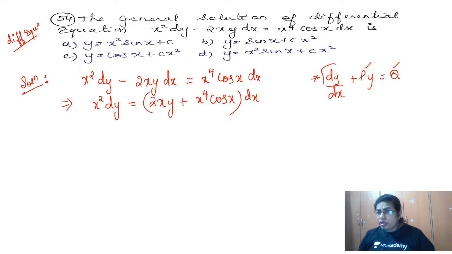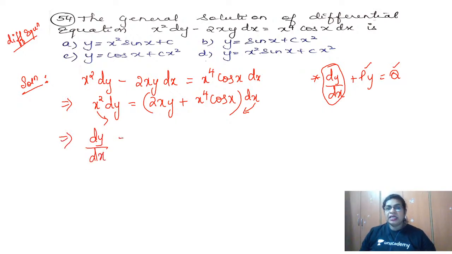If I want only dy by dx, my next step is to bring this dx this side and this x square to the right side. So dy by dx is equal to 2xy by x square plus x to the power 4 cos x by x square.